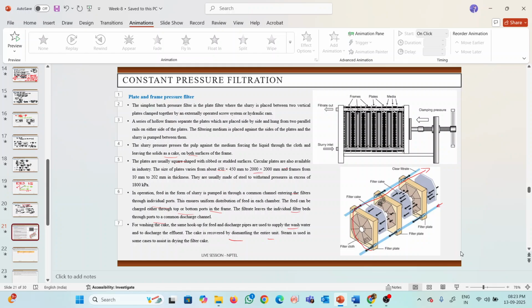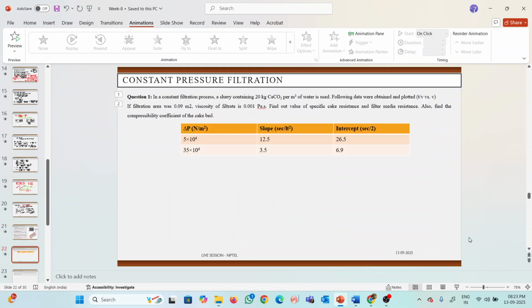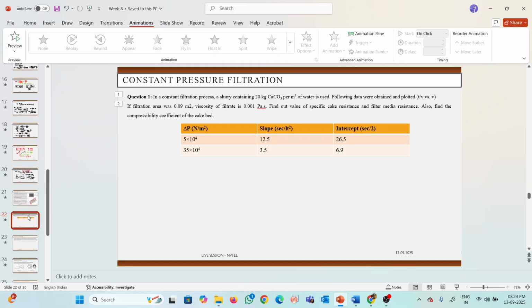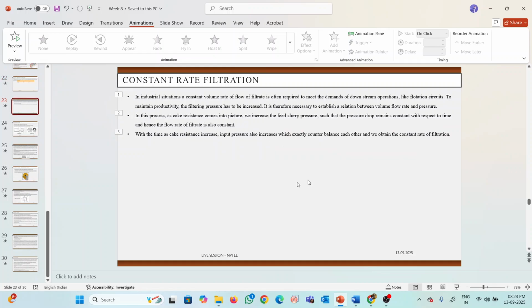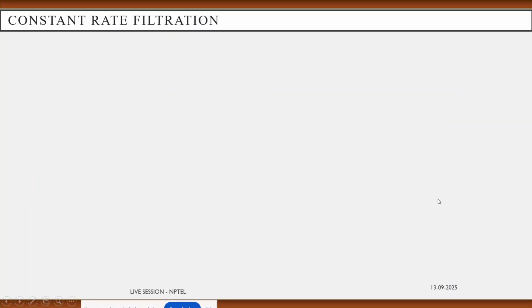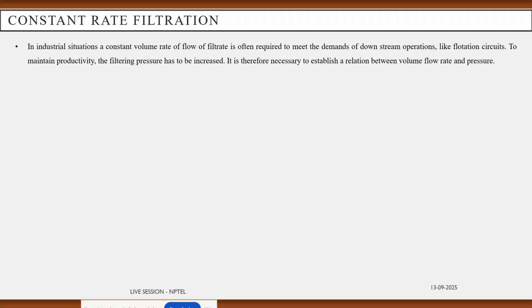The next thing we are going to discuss is one numerical. We will come back to the numerical at the end maybe. I will just go through a different concept, that is constant rate filtration. In industrial situations, a constant volume rate of flow of the filtrate is often required to meet the demands of downstream operations like flotation circuits.